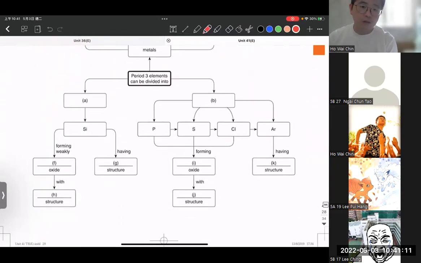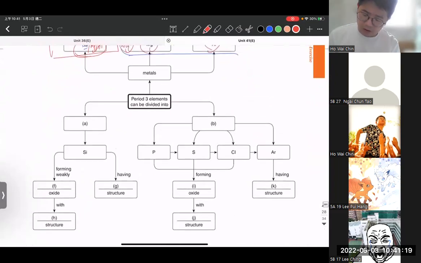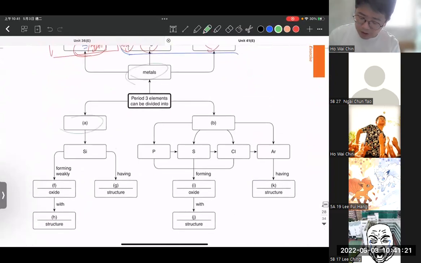How about that one? A, what is that? What is the first string? Element, oh, same category. Those 3, you talk about the same category. So A and B. A is a semi-metal. And this one, we've got non-metals. We'll talk about the elements silicon, phosphorus, sulfur, chlorine, argon.